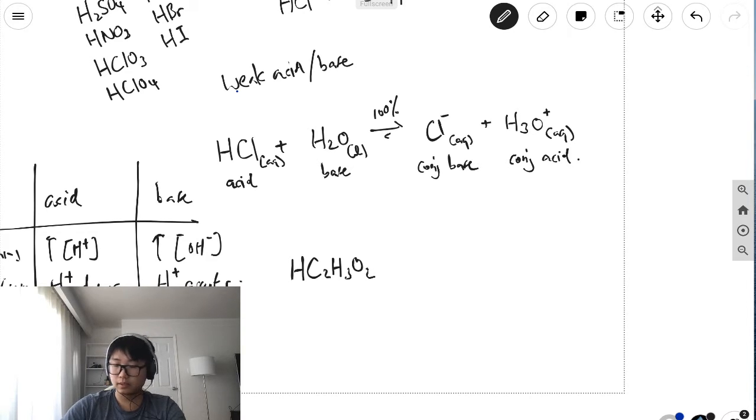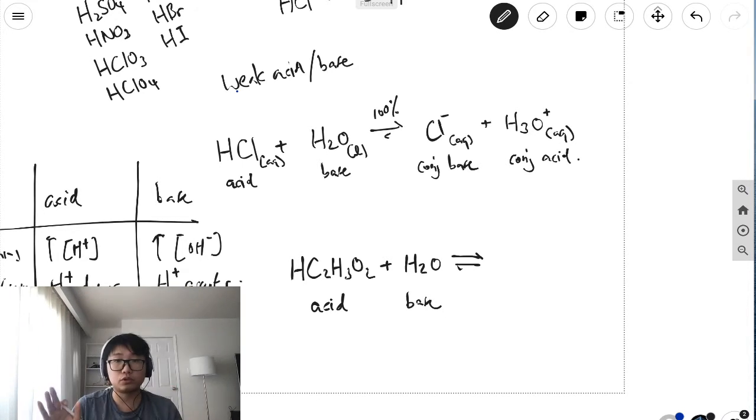Sometimes you might see it in a different form, the CH3COOH version. But okay, let me have you do this one. If I write that as an equilibrium reaction between acetic acid, which is the acid, with water, which I'll give you the hint, but later on you've got to start knowing that you're reacting with water. It's the base here. What do I have as the product this time?